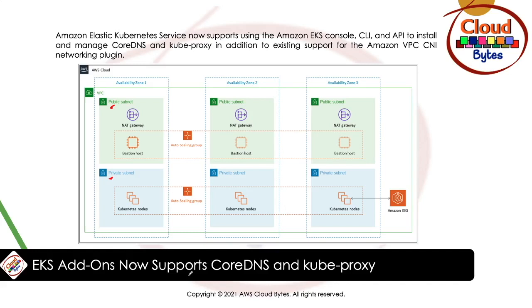This makes it easier to define consistent EKS or Kubernetes clusters and keep them all up to date using Amazon EKS. CoreDNS and kube-proxy provide critical networking functionality for Kubernetes applications. These operational software components, or add-ons, can be installed, managed, or updated directly through the console, CLI, or API.